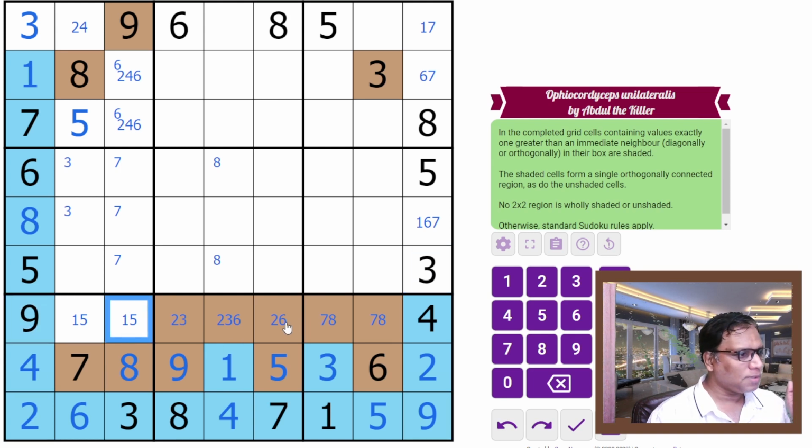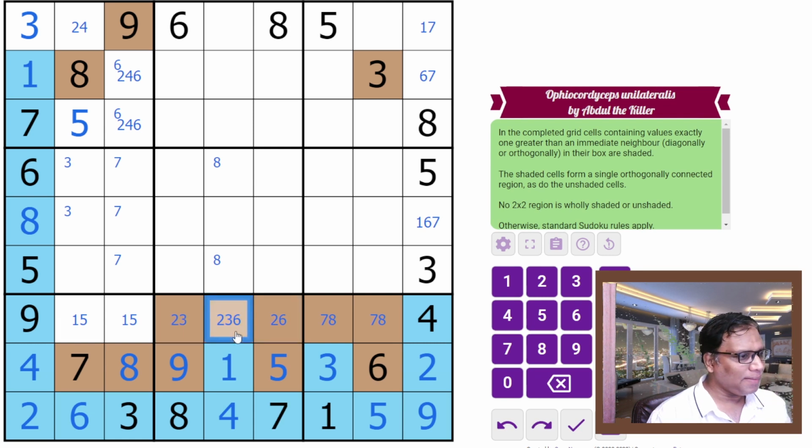2, 2, 3, 2, 3, 6, 2, 6. 6 could be here, 3 could be here or here. If that's 3, if that's 2, that's 6, that's 3. But if that's 3, this is 2, 6, 2, 6 there. This is perfectly fine. If that's 3, that will be 2, that will be 6.